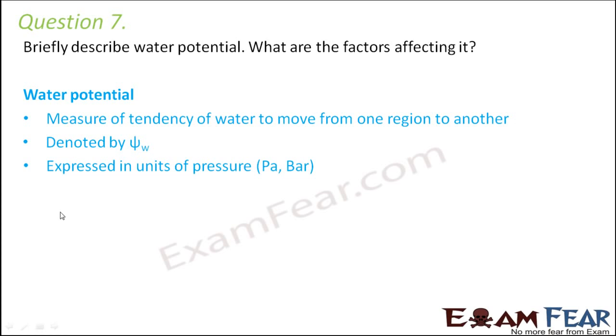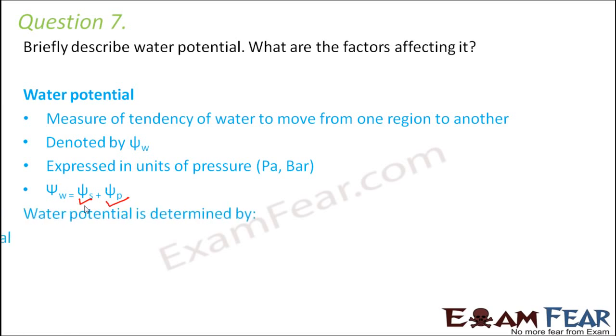When you talk about the factors which affect it, there are two: solute potential and pressure potential. When you add more and more solute, the water potential decreases. When you add more pressure potential, that is mechanical pressure, then water potential increases. So water potential is determined by solute potential and pressure potential.